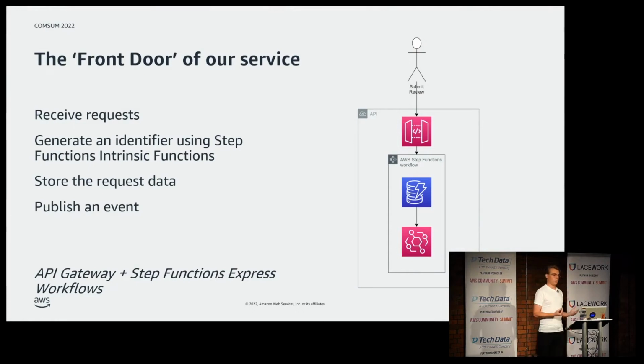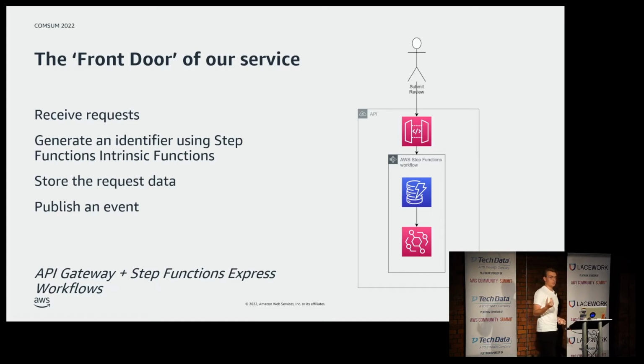So how do we actually build that on AWS? Well, we're going to use a combination of API Gateway and Step Functions. And we're going to use a variation of Step Functions called Step Functions Express Workflows. In Step Functions, there are 2 different types of workflows. There's standard workflows, which are more aligned to long-running processes, business processes. Express workflows are more for fast, snappy data ingestion type workloads.